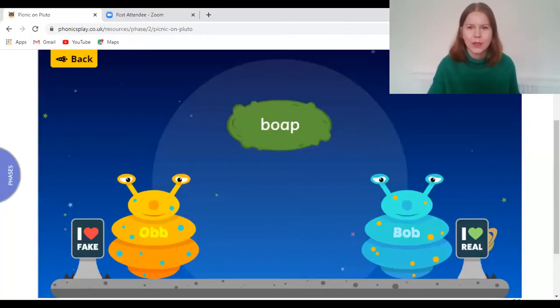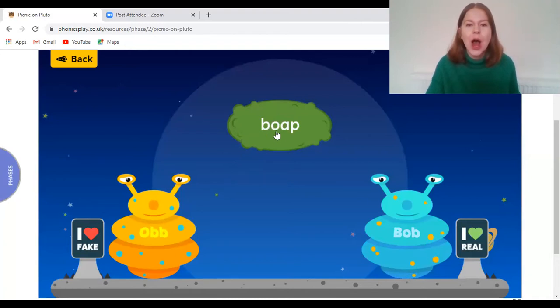Now we are going to read an alien word. An alien word is just a silly made-up word. We have Ob here, who is the alien who eats all the alien and silly words. And then we have Bob, who eats all the real words, like boat. Now, everybody, can you help me read this alien word?